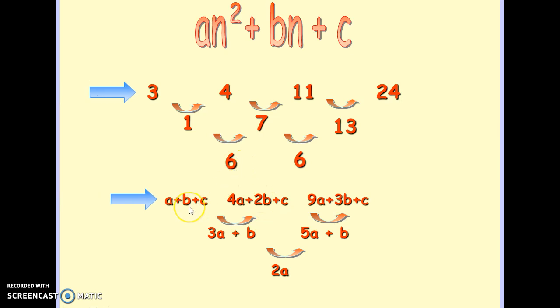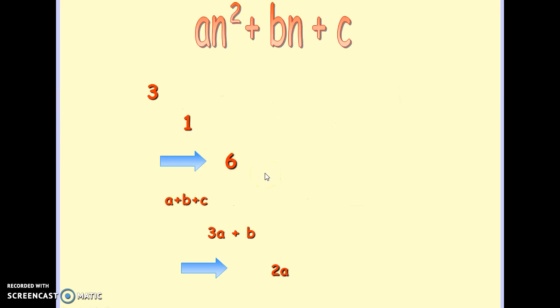Yes, a plus b plus c is equal to 3. 3a plus b is equal to 1. And 2a is equal to 6. So, once we have identified this, we just substitute to get the values of a, then b, and then c. Let's see how.